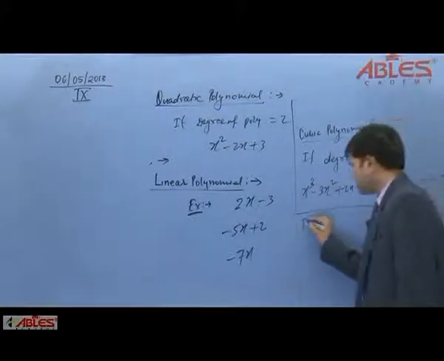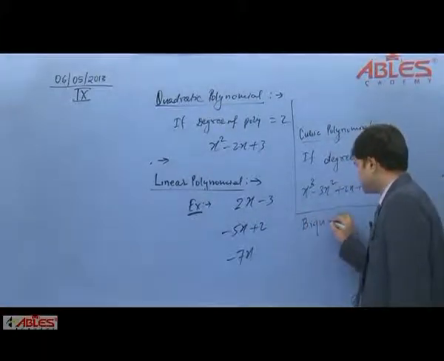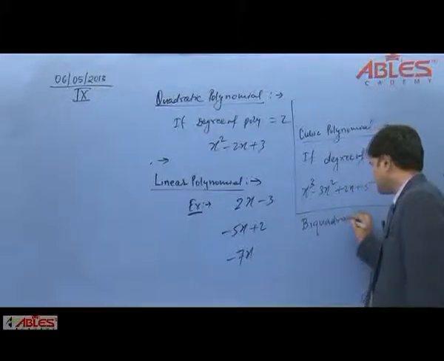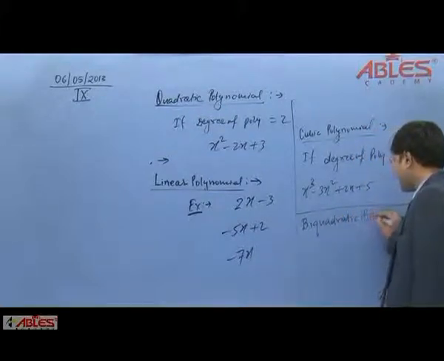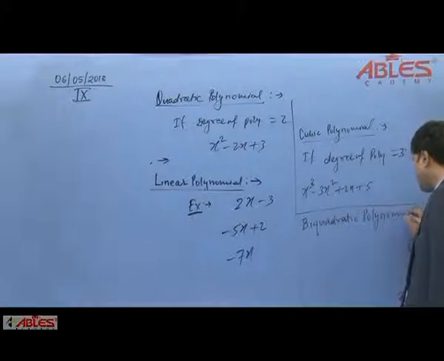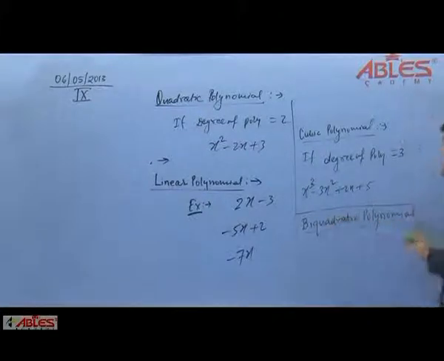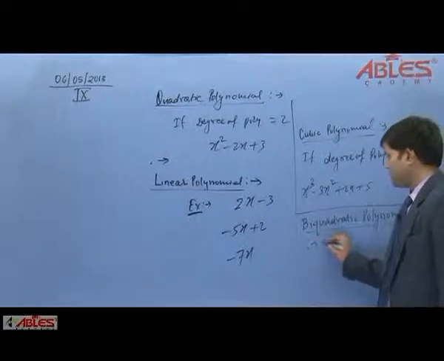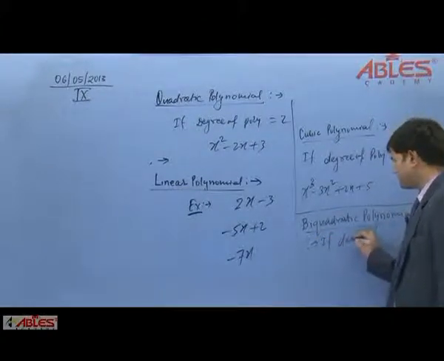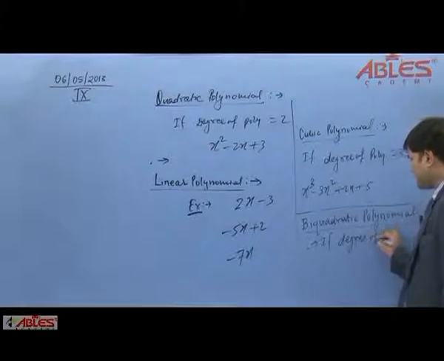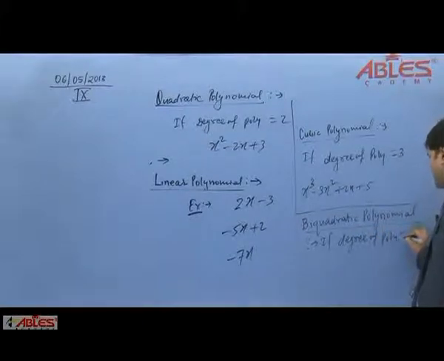Next thing is the biquadratic polynomial. These are different names and very basic things which you should know. That's why I am discussing it here. If the degree of the polynomial equals 4, then we call the given polynomial a biquadratic polynomial.